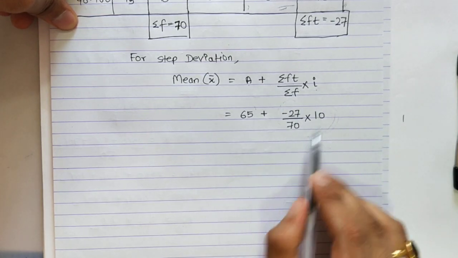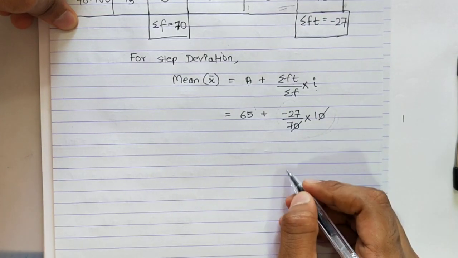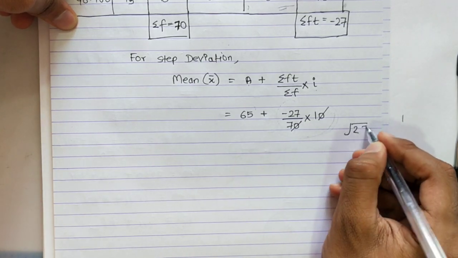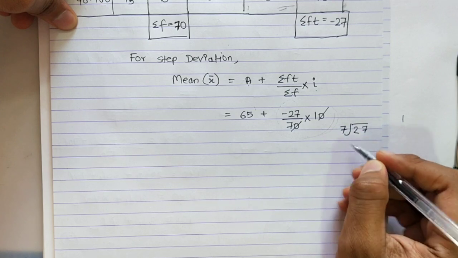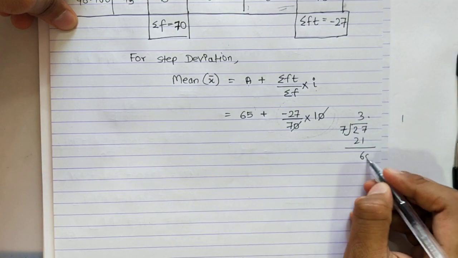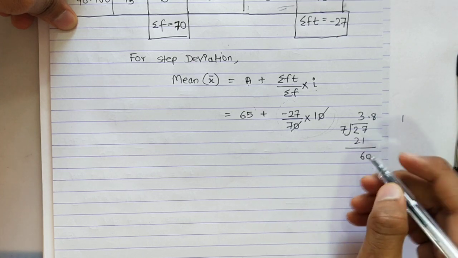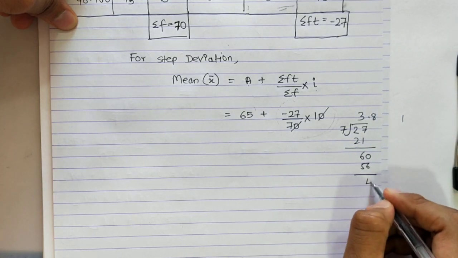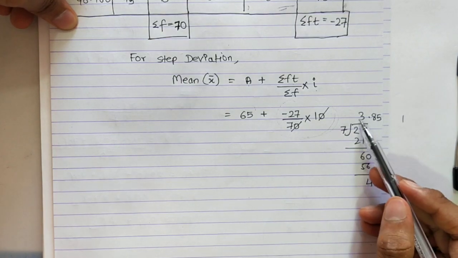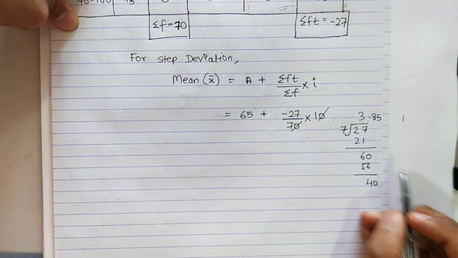First solve this part. So this 0 will get cancelled. 27 upon 7, I'll divide. 7 3s are 21, 6. 7 8s are 56, 40. 7 5s are 35, so I am getting approximately 3.85.